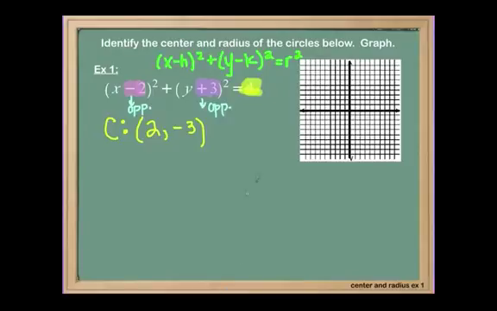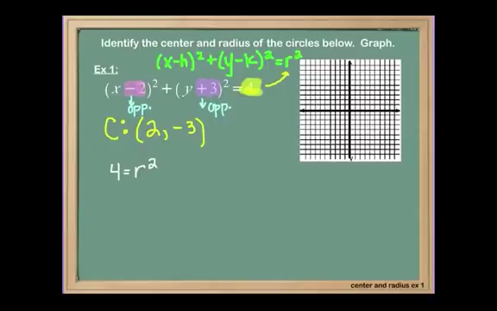Well, if you look in our generic form, the standard form of the equation of the circle, we know that number is going to be equal to r squared. So what I want to do is set up a little equation. 4 is equal to r squared. We want just r, just the radius, not the radius squared.